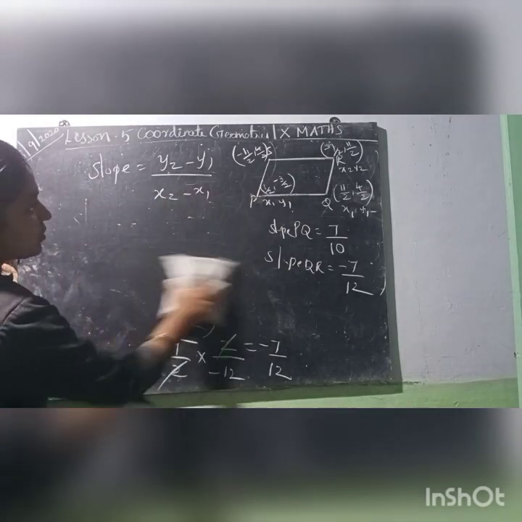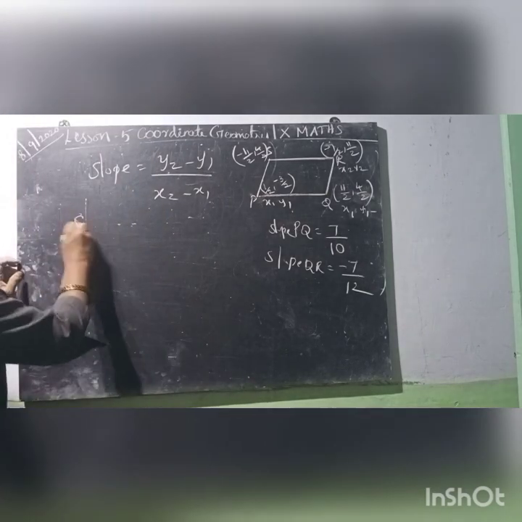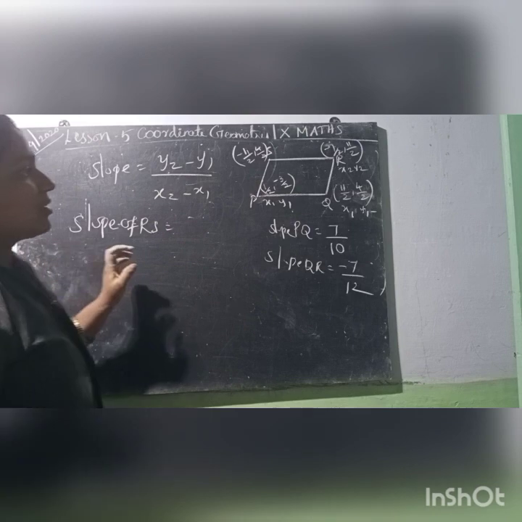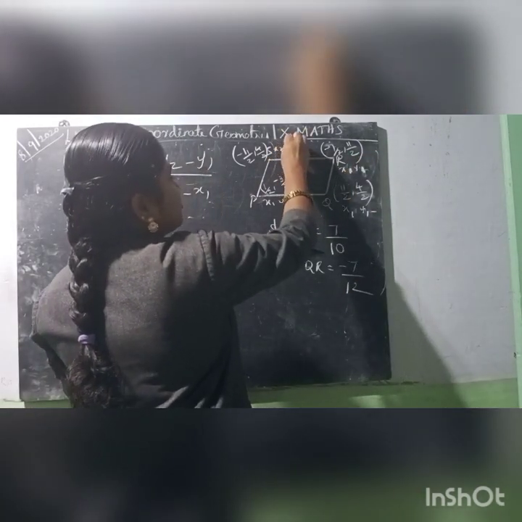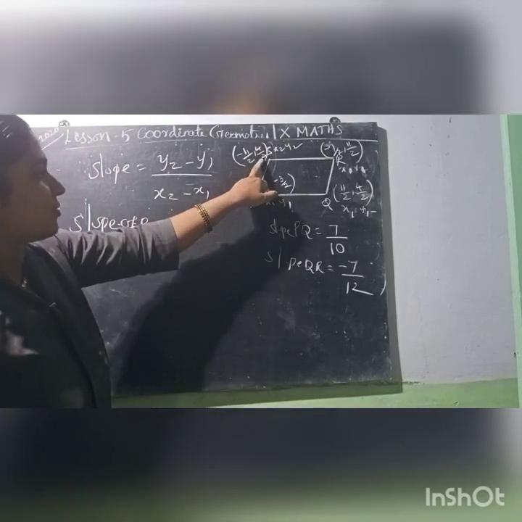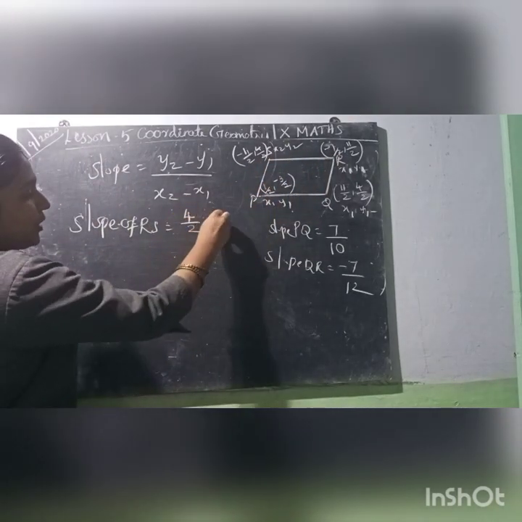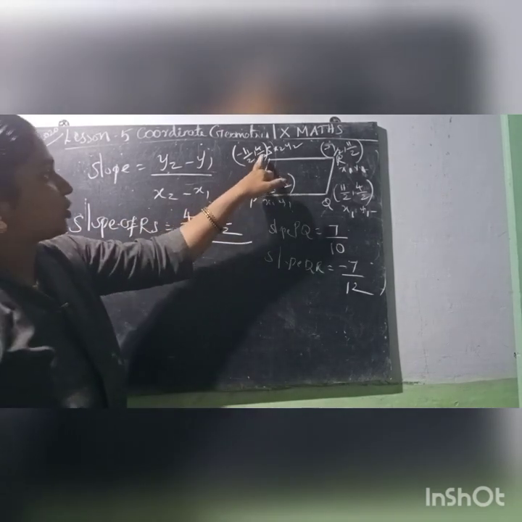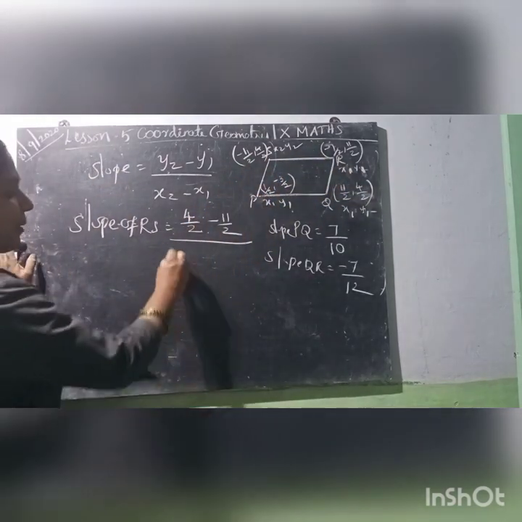Next we have to find out slope of RS. R is x1 y1 and S is x2 y2. Now y2 value is 4 by 2, y1 value is 11 by 2. So 4 by 2 minus 11 by 2 by x2 minus x1. x2 value is minus 11 by 2, x1 value is minus 1 by 2.